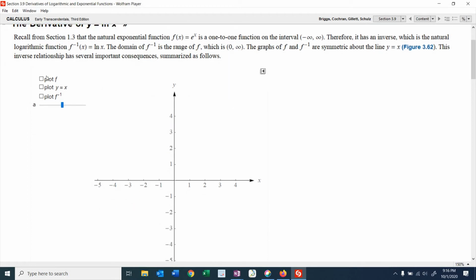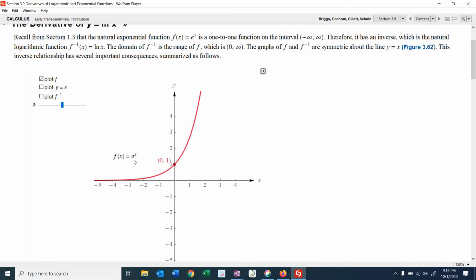Okay, so let's graph e to the x. If you graph e to the x, the graph of e to the x looks like this. And so if you want to find the inverse of this function, the idea behind finding an inverse of a function is the input and the output will switch.